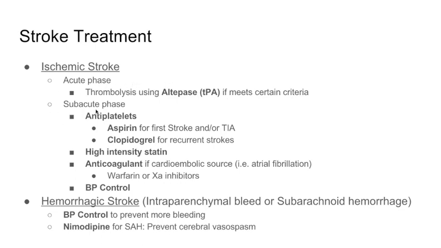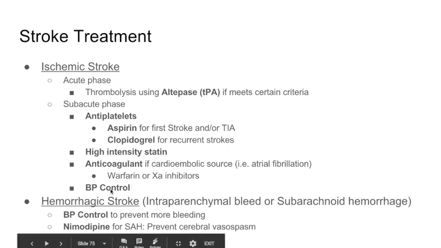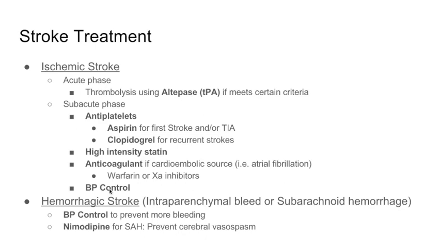In the subacute phase of the stroke, you can give them antiplatelets like aspirin or clopidogrel, a high intensity statin, and blood pressure control. Now, if the stroke happened from a cardioembolic source, that means that there was a thrombus in the heart that went into the brain, for example, from atrial fibrillation, you can give them anticoagulants.